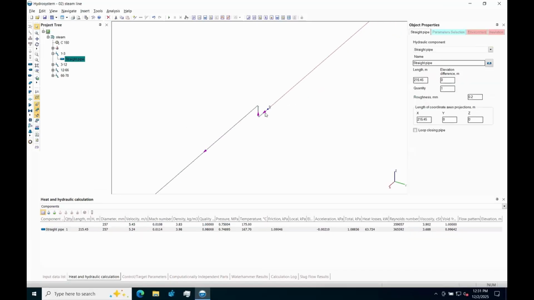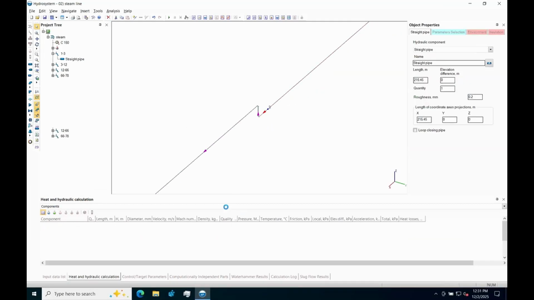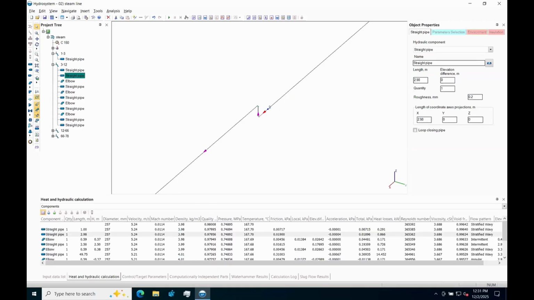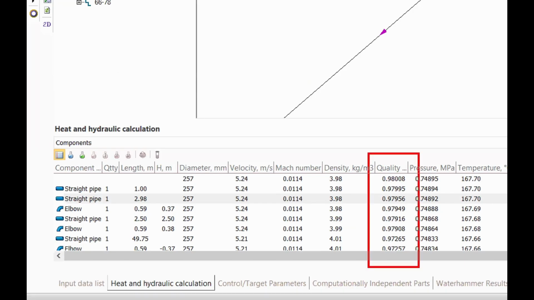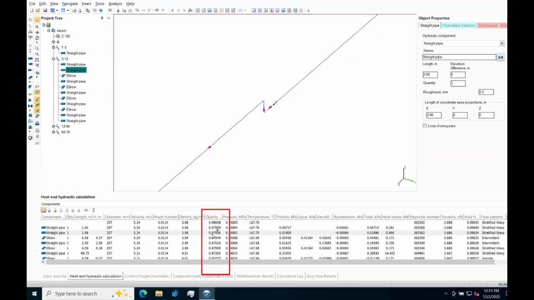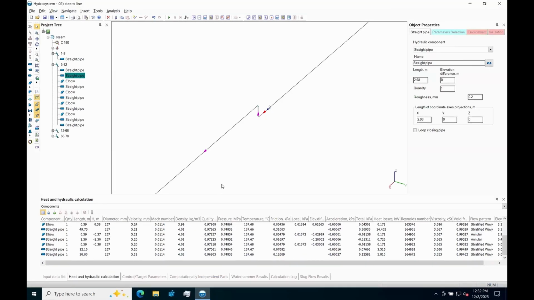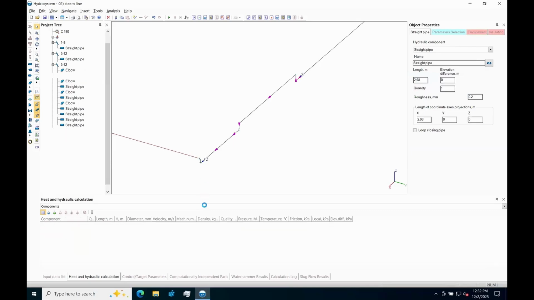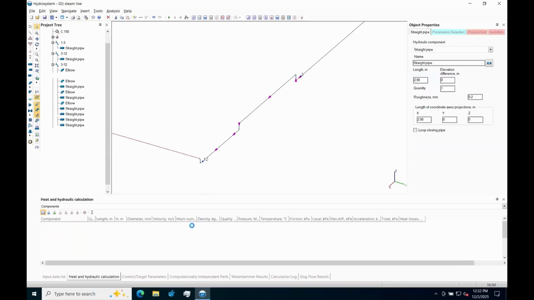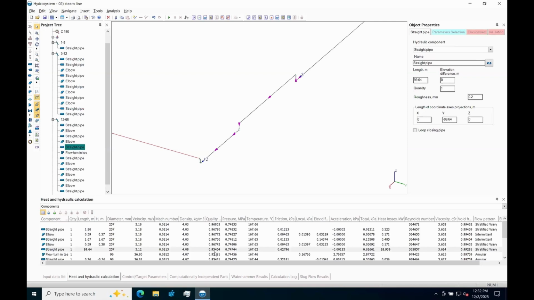If we go further in this piping system, we will see that in the following components, following pipes, the condensation continues. As you can see, the quality goes down, it decreases.